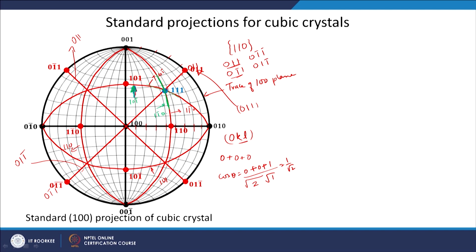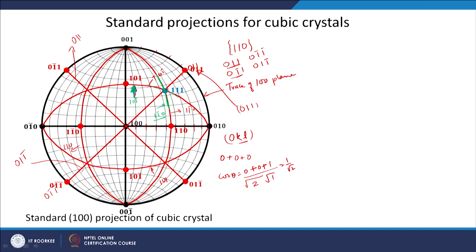Now, how can I use this information? Since I have told you that if it is coming on the trace of a particular pole or plane, then it should have a 90-degree relationship with that pole. So, 111 should have a 90-degree relationship with 1bar10 as well as 10bar1. If it has a 90-degree relationship, I can write two simultaneous equations here. Using the dot product rule, suppose I do not know the 111 right now, so I am taking it as HKL.